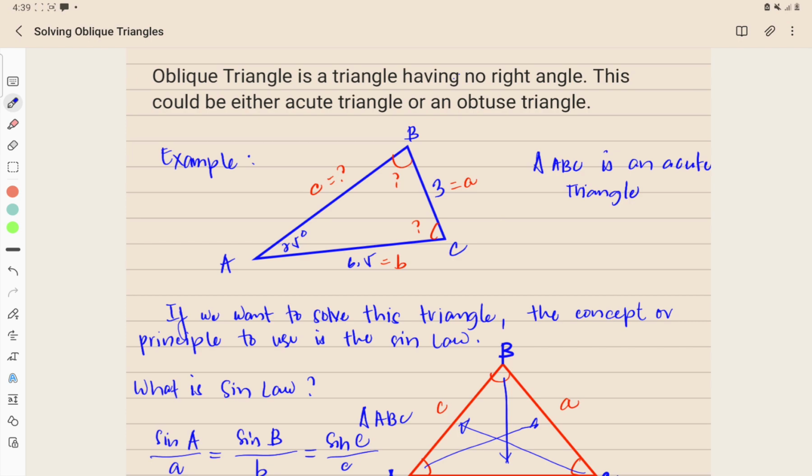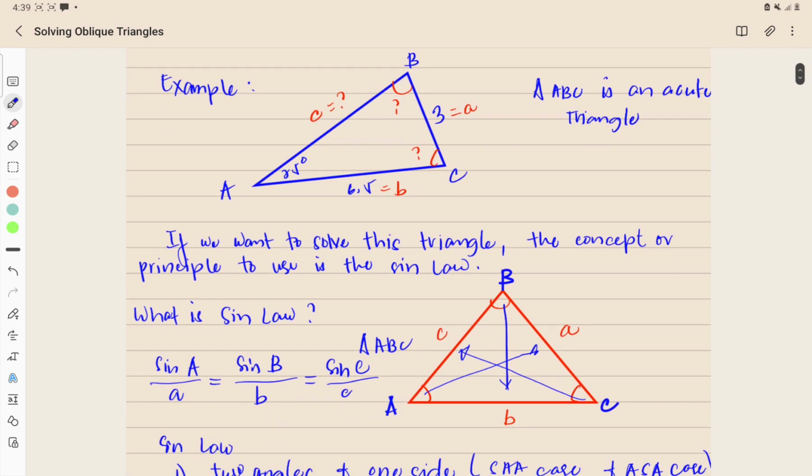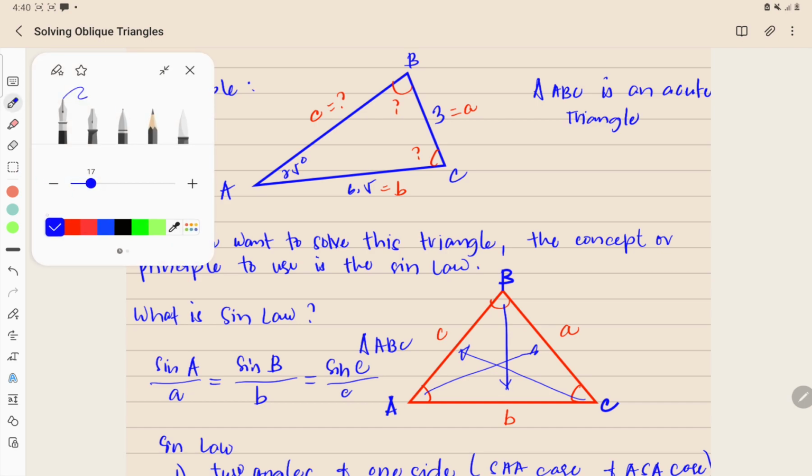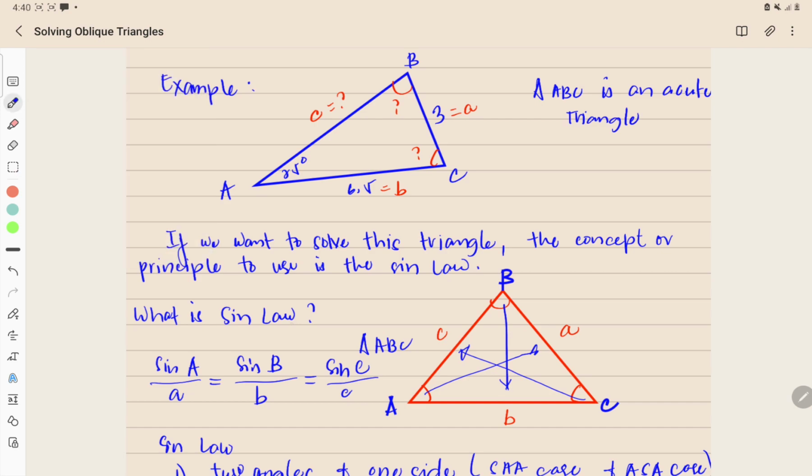Now, if you want to solve this triangle, the concept or principle to use is the sine law. So, what is the sine law? The sine law is the ratio of the angle to its opposite side.